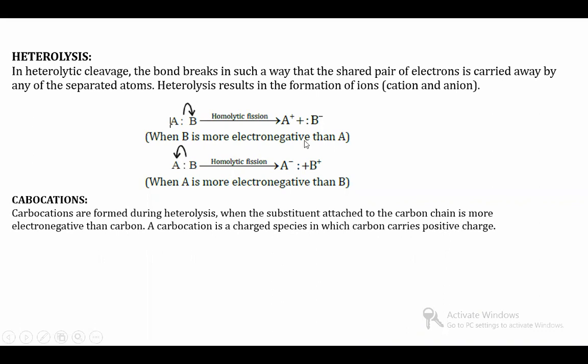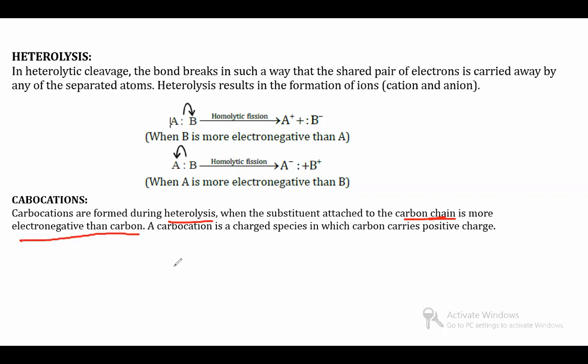carbocation. How will it be formed? It is formed because of heterolysis. During heterolysis, the unequal cleavage, the bond will break unequally when the substituent attached to the carbon chain is more electronegative than carbon.